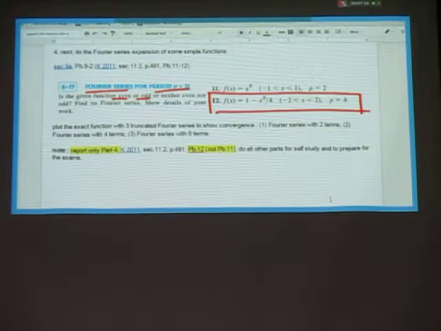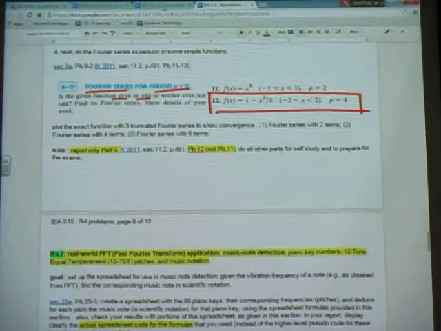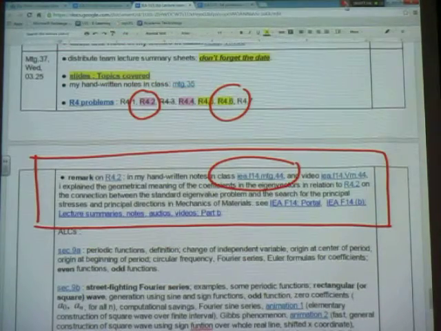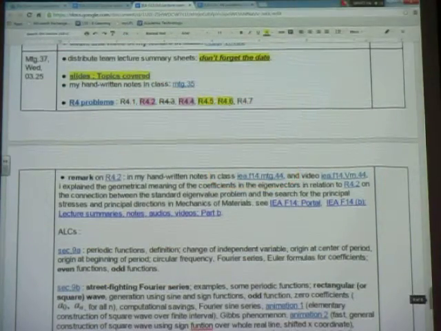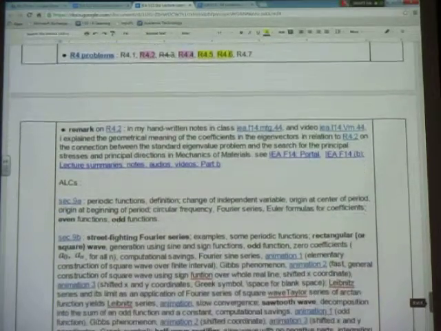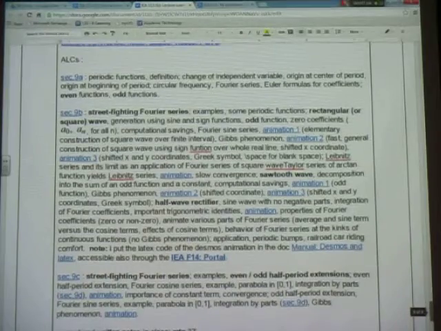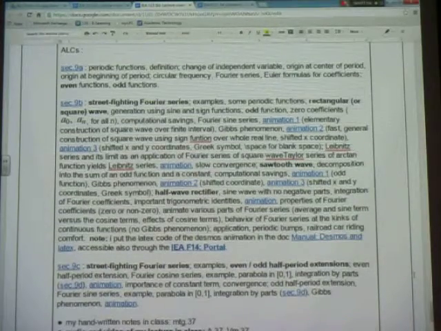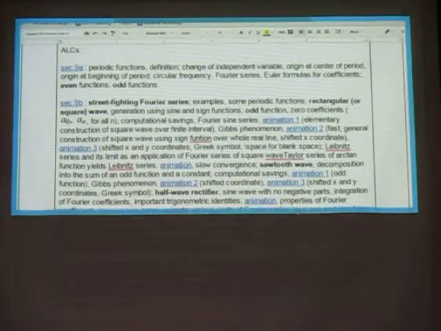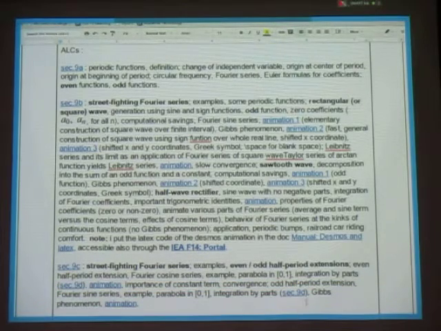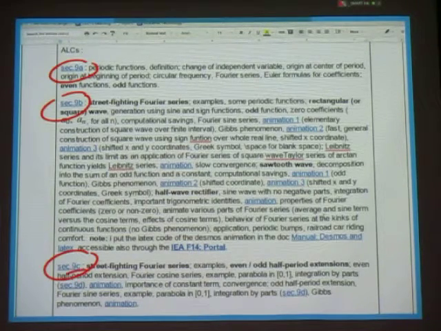Okay, so street fighting Fourier series, and go back to the daily lecture summary and scrolling down. So this Fourier series story consists of, in fact, the 4 sections: 9A, 9B, 9C, and there's also 9D.